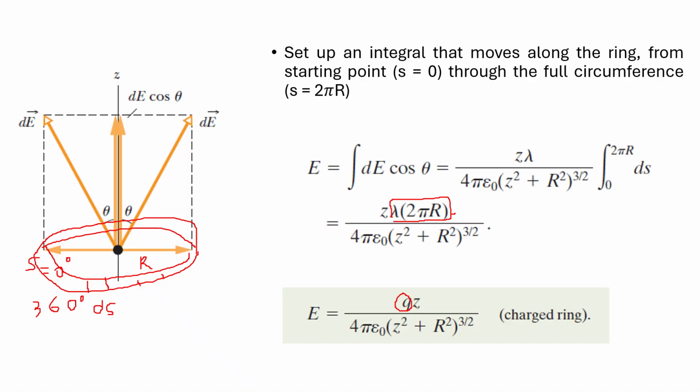So you have the electric field equal to charge times z over 4 pi epsilon 0 times (z squared plus r squared) to the power of 3 over 2.